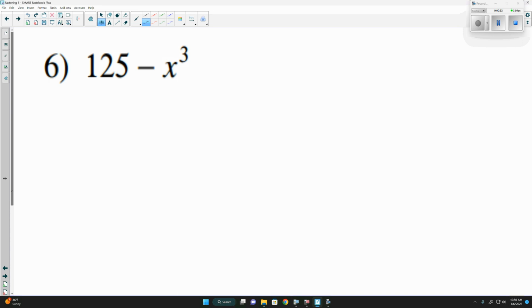The first thing we can do with this is check to make sure there's not a greatest common factor between these two terms. And well, there's not. So our next step is to see if we can take the cubed root of 125 and the cubed root of x to the third. This helps us verify that this is the difference of perfect cubes and to see what they are.